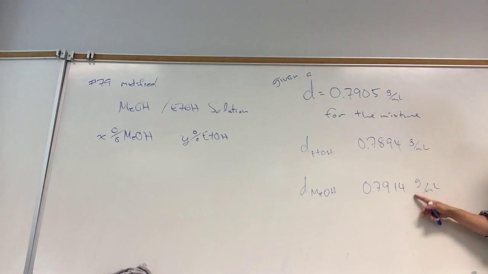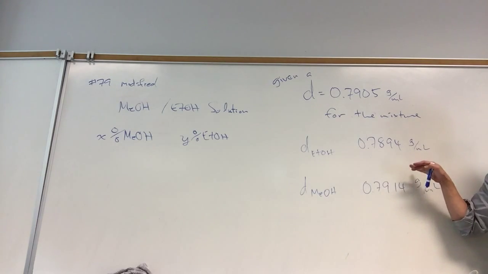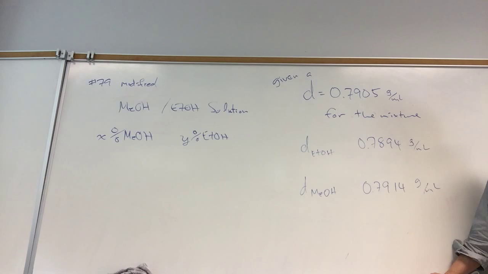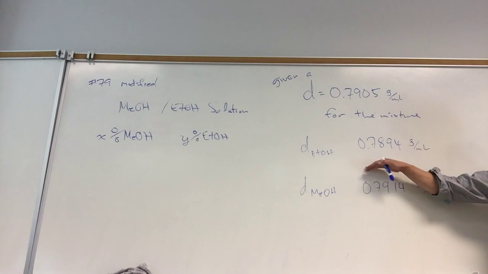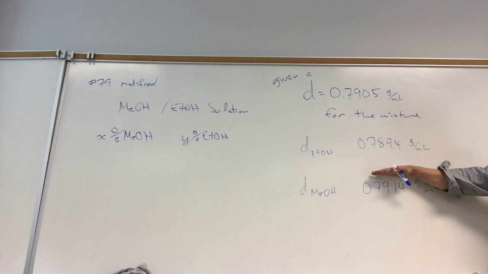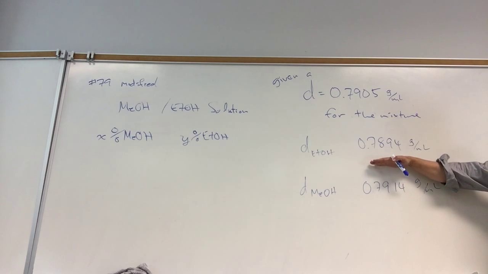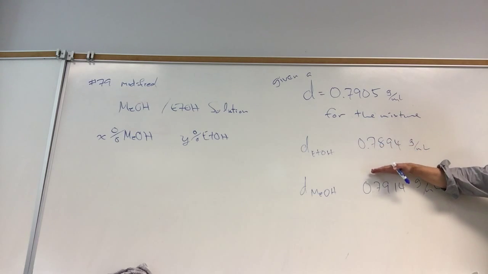And if there was a 50-50 mix, half ethanol, half methanol, do you know where its density would be? Its density would be right in the middle. The more methanol you have, the greater the density. The more ethanol you have, the lower its density, because it's going to shift one way or another.